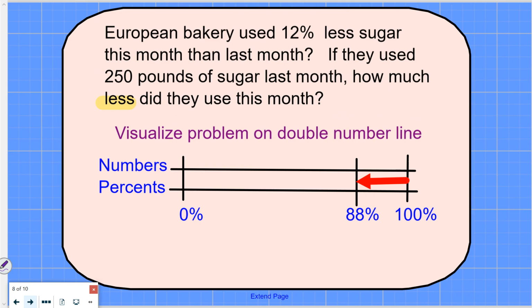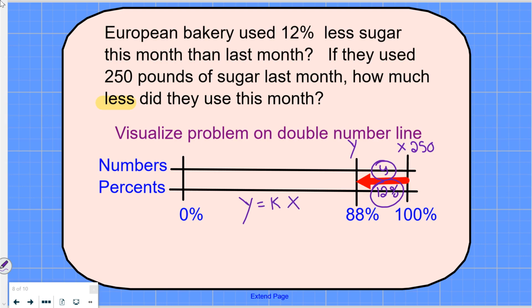However, if the question was asked differently, and I wanted to know how much less sugar, I would be looking for this value, so I would need to use 12%. So I used 250 pounds of sugar last month, so x is 250. In this case, I don't need the y above the 88%.